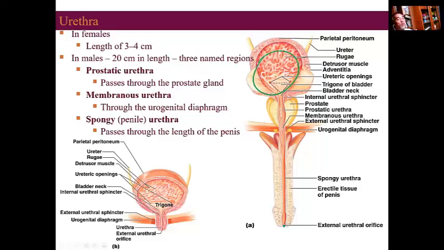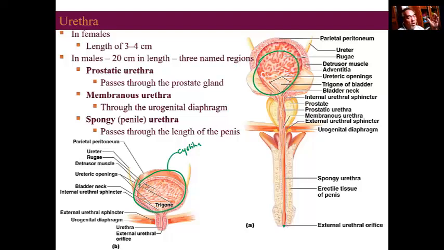So in terms of clinical differences, it is usually the female that will suffer from urinary tract infection. A urinary tract infection is a bladder infection called cystitis. Females constantly have problems with urinary tract infection because of their anatomy.